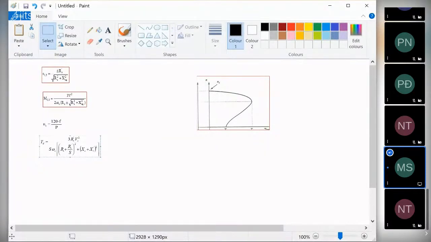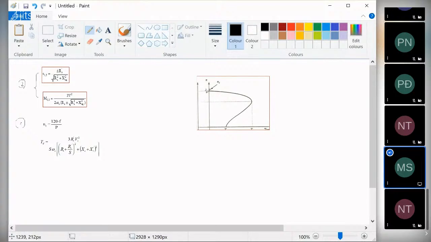This is the torque and speed characteristic here. We have the formulations for some special points. The first is synchronous speed. Number two, maximum torque and maximum slip.